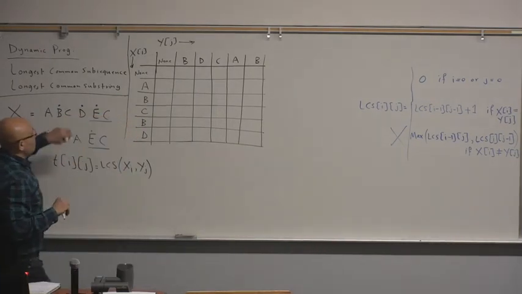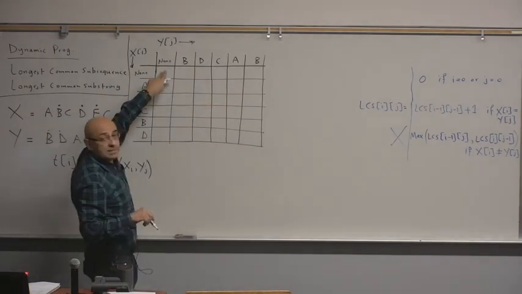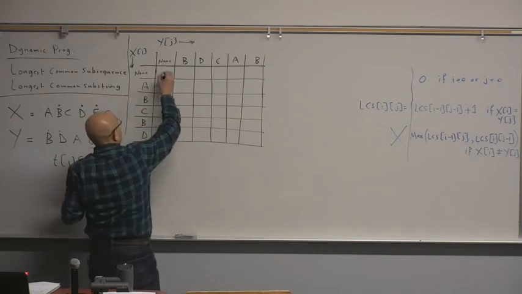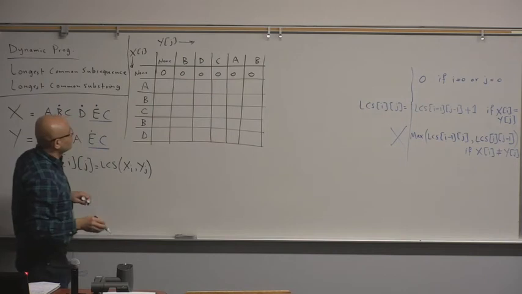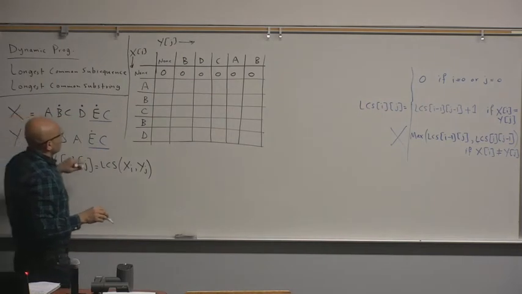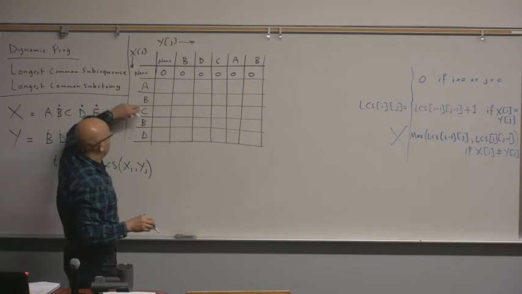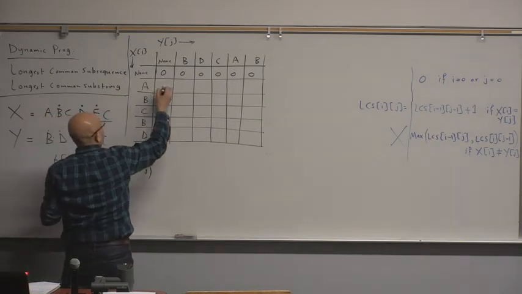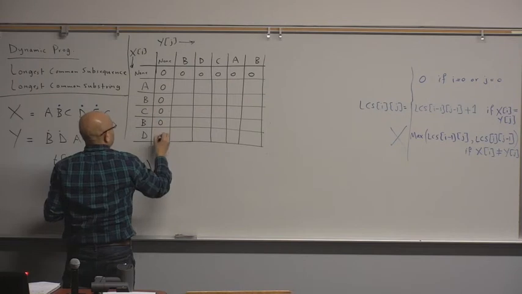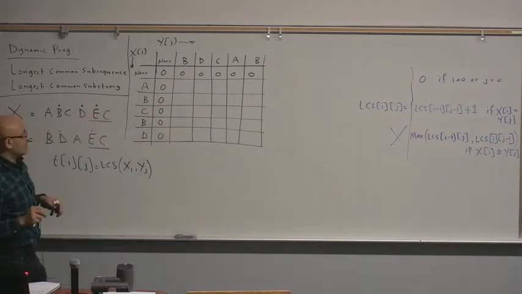In the beginning we can fill this row with zeros, because when x is empty, the longest common subsequence is going to be empty, 0. Now we can also fill the first column with 0, because when y is empty, the longest common subsequence is going to be empty.